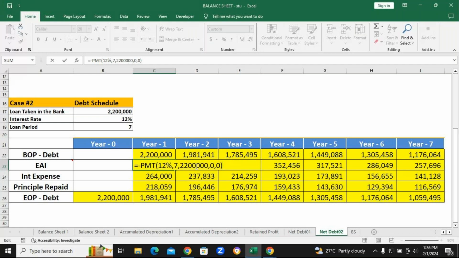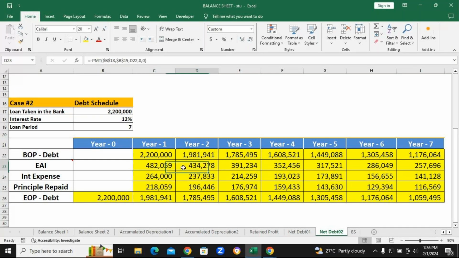Okay. In the next year, PMT, I've fixed the interest rate here and I've taken the values. So when I come here, it is E22, E22, E22.